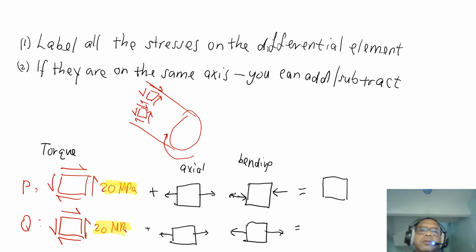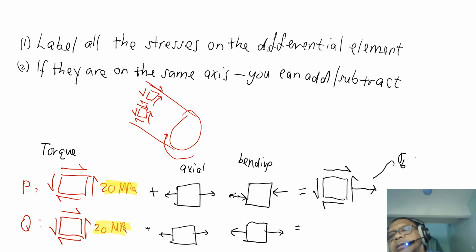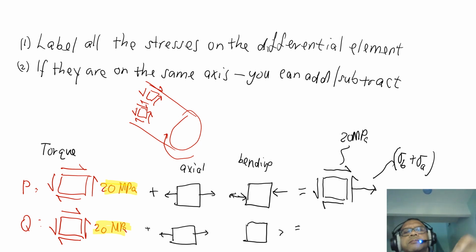So this one is 20, and this one, you can just add that, bending plus axial, and this is 20. For the bending moment just now, this is 0.